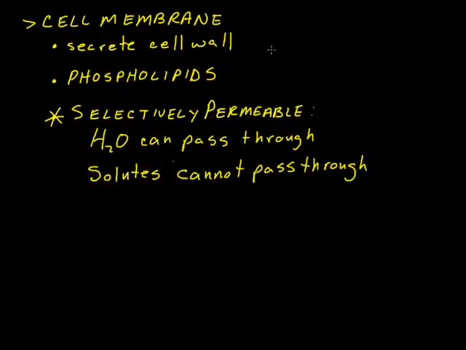And so what does this mean? Well, this means that anything that goes into or out of the cell besides water, the cell has to somehow facilitate the movement. And it does that by the use of various proteins that are embedded in the cell membrane material. And proteins can be used to transport things across the membrane.